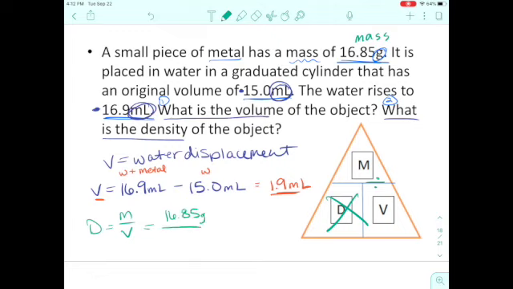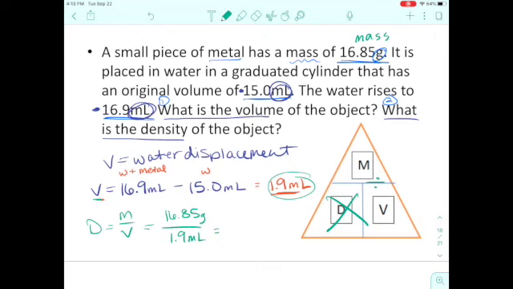Okay, now what value are we going to use for volume? Are we going to use 15 milliliters, 16.9 milliliters, or 1.9 milliliters? We're going to use 1.9 milliliters because that's the volume of just the object. Remember, 15 milliliters was just water, 16.9 was water and our object, but 1.9 was just our object. Okay, so you're going to plug that in and calculate.